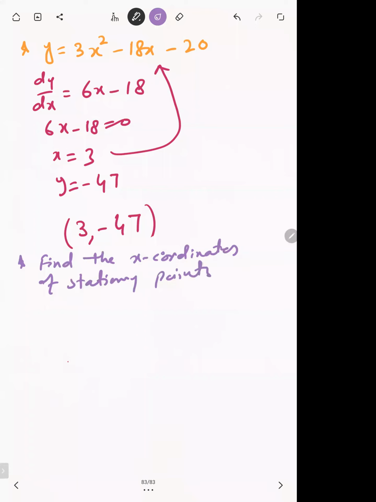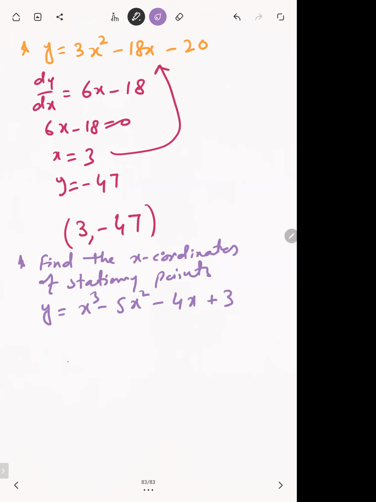which is y = x cubed - 5x squared - 4x + 3.